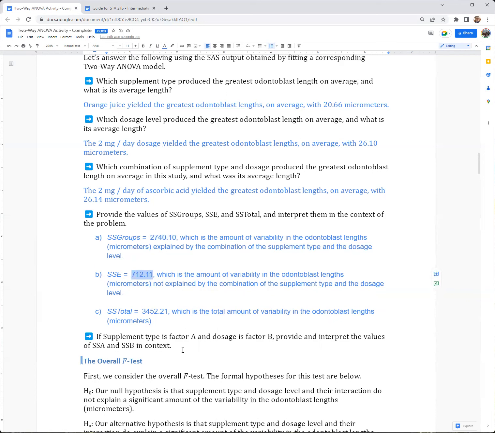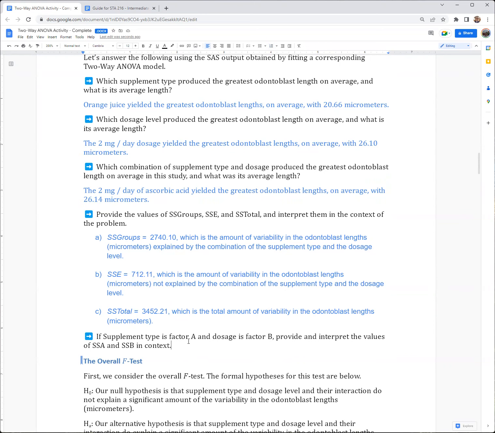SSE is describing how much variability is unexplained in the response by the 2 factors, supplement type and dosage here. And then SS total is the total amount of variability in the response variable. In this case, the odontoblast lengths in micrometers. Okay.